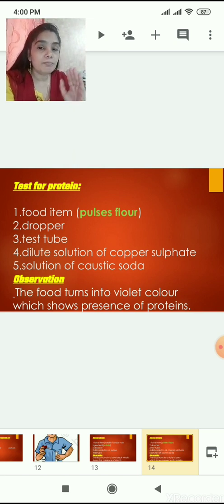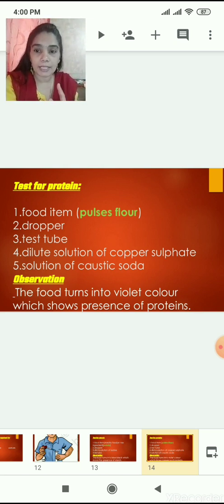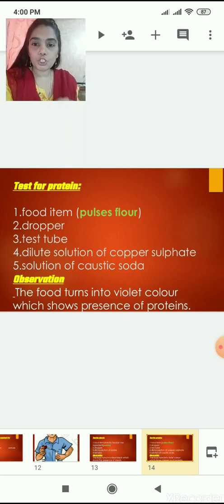Yes, we can see the blurred light through this patch. So this oil patch on the paper shows that the food contains fat.